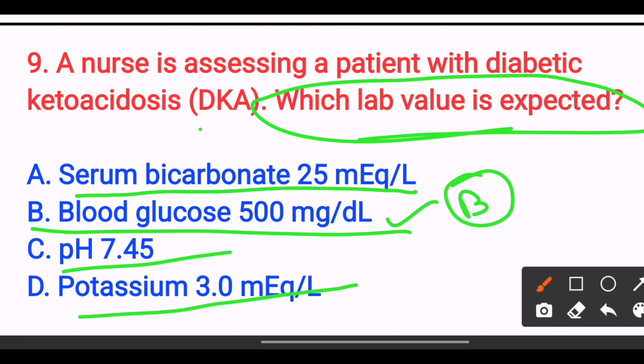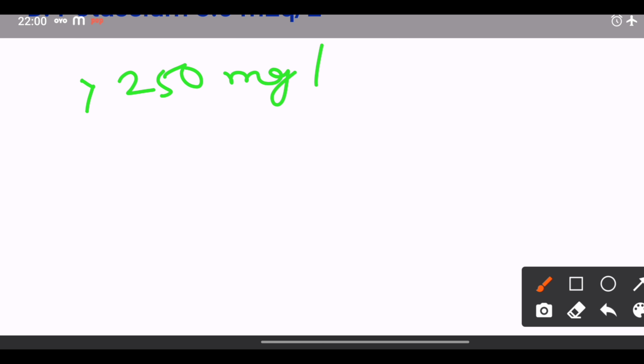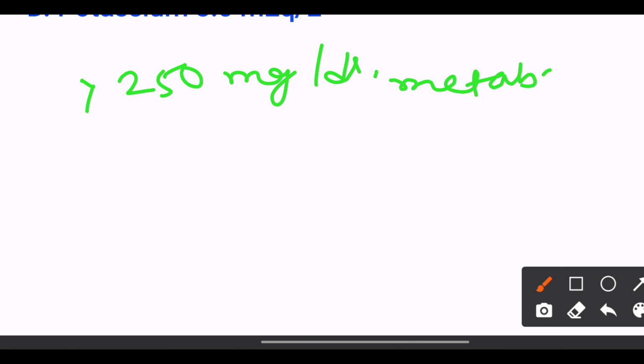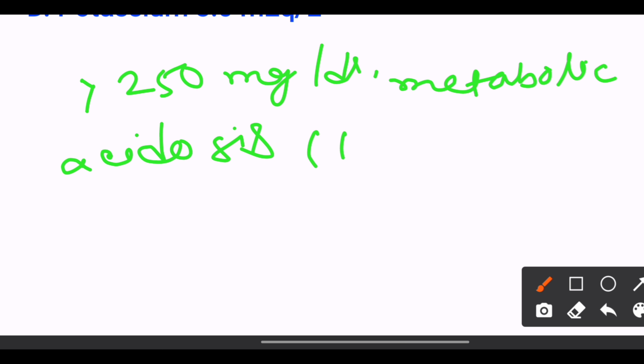In diabetic ketoacidosis there is hyperglycemia, which occurs when the blood glucose level is more than 250 mg per dL. It is a metabolic acidosis with low pH and potassium disturbances.